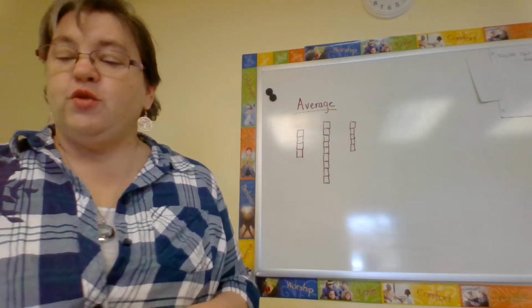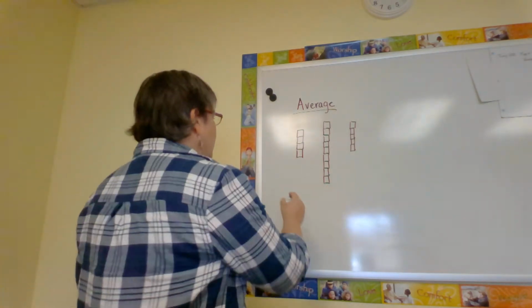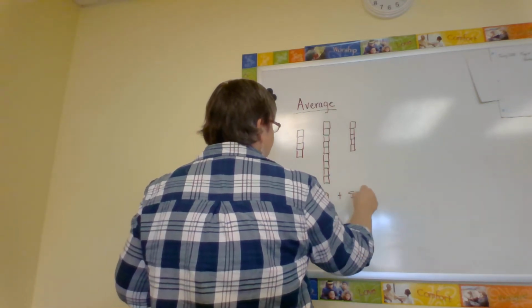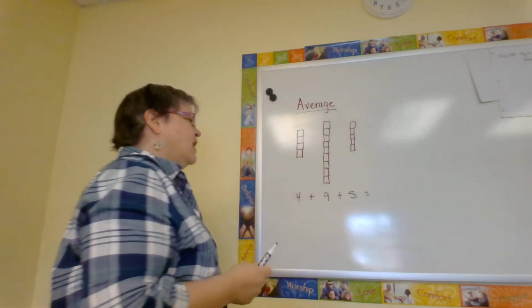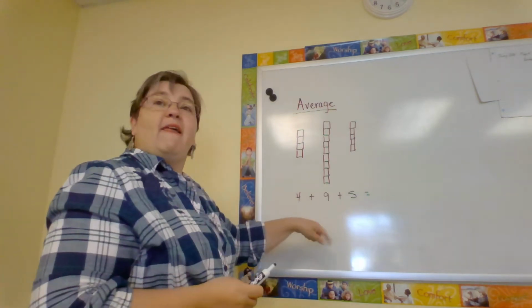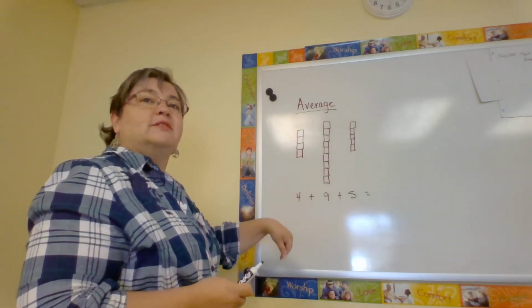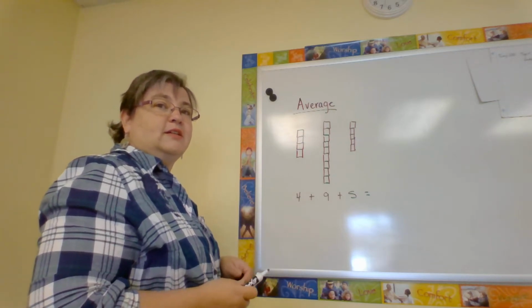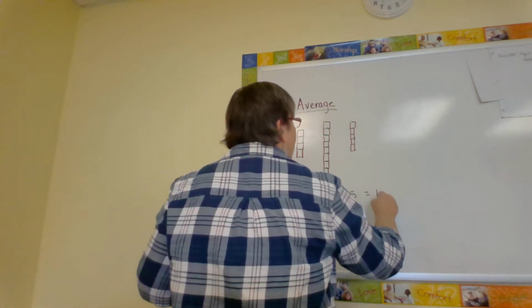Let me show you on paper what we did. We said 4 plus 9 plus 5. What's 4 plus 9 plus 5? 18. That's right.